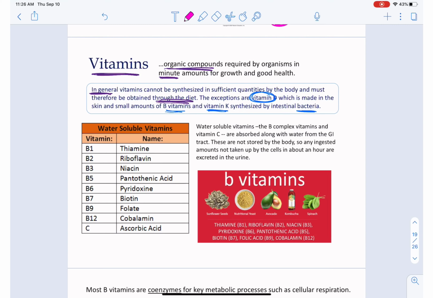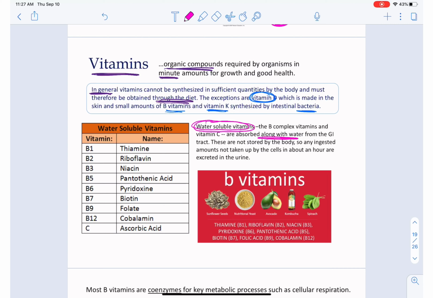Now there's 2 categories of vitamins, and one of those categories are water-soluble vitamins. And what this means is that water-soluble vitamins have to be absorbed along with water from the gastrointestinal tract. So to move from the gastrointestinal tract into the blood, they have to be absorbed along with water.